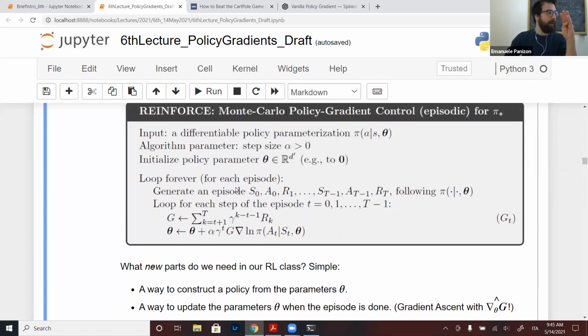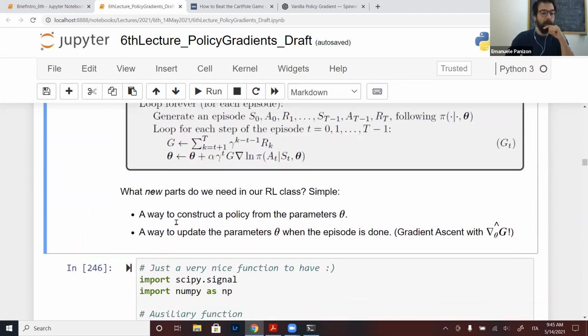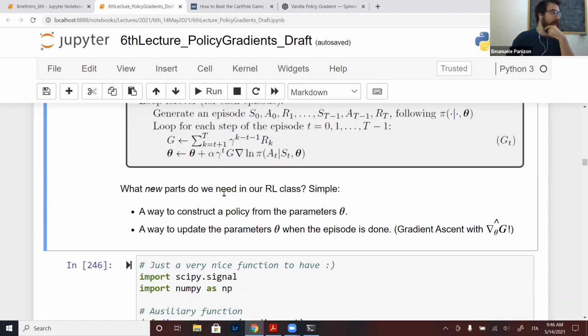You'll see, without the last line, it was what we already used for value evaluation with Monte Carlo. Now we have this update of the policy at the end. So what new parts do we need? Very simple. We need two parts. We need a way to construct the softmax. So we need a way to store the theta.